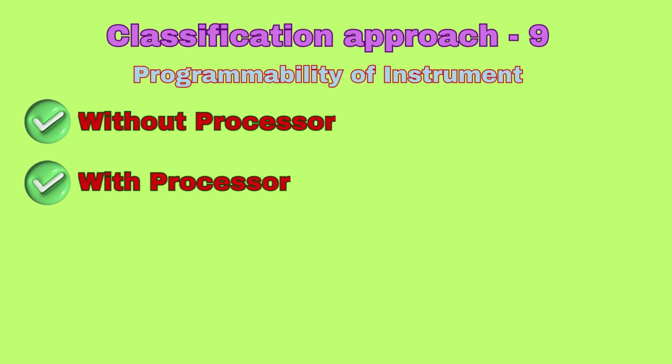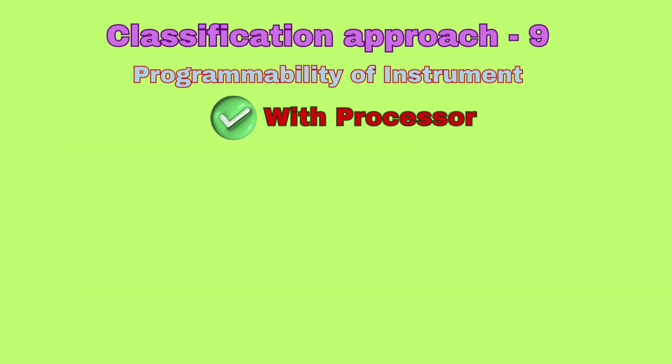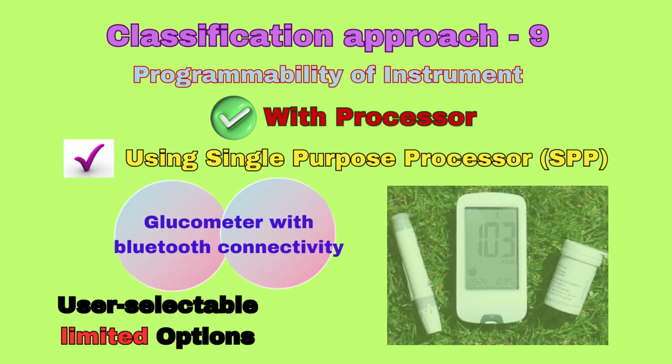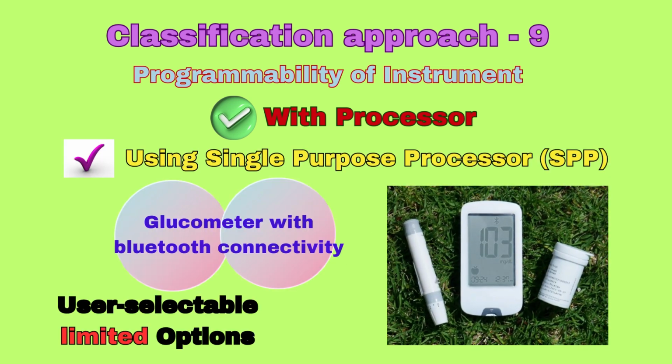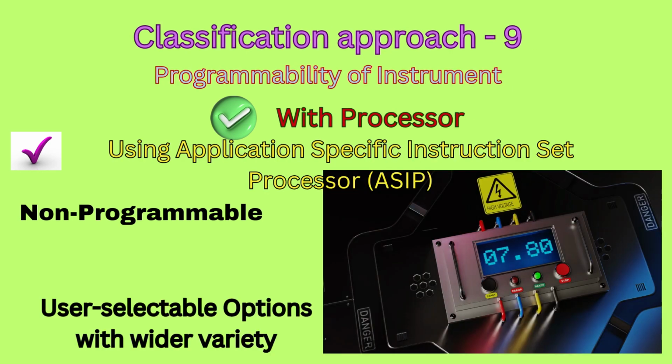The ninth classification highlights the programmability of instruments. In case instruments are equipped with processors, the type of processor used dictates the feature programmability of instruments. While the single-purpose processor offers a limited scope of options to the users of instruments, the application-specific instruction set processor offers the options to a higher degree.